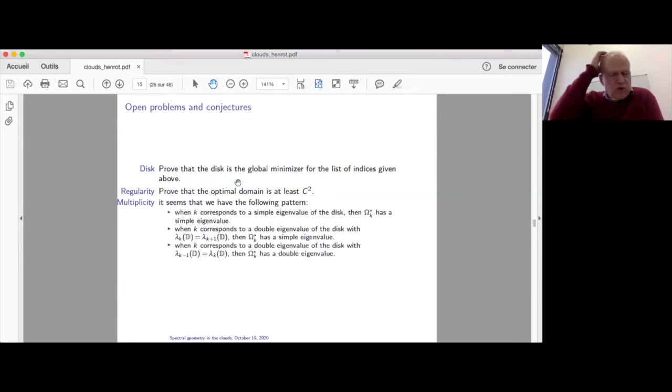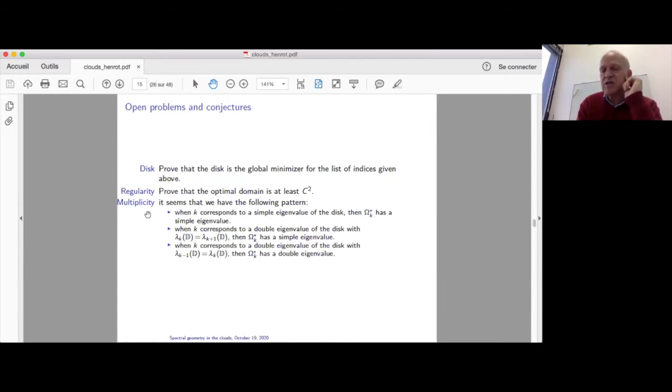And the last point is about the multiplicity, because I will come back later to the Steklov problem about that question of multiplicity. For example, I will show you the table of multiplicity for the minimization of lambda k with a volume constraint. And what we see is that at the optimal domain, lambda k is always multiple for the Dirichlet eigenvalues with a volume constraint. Here, for the Dirichlet eigenvalue with a diameter constraint, we do not have the same situation.